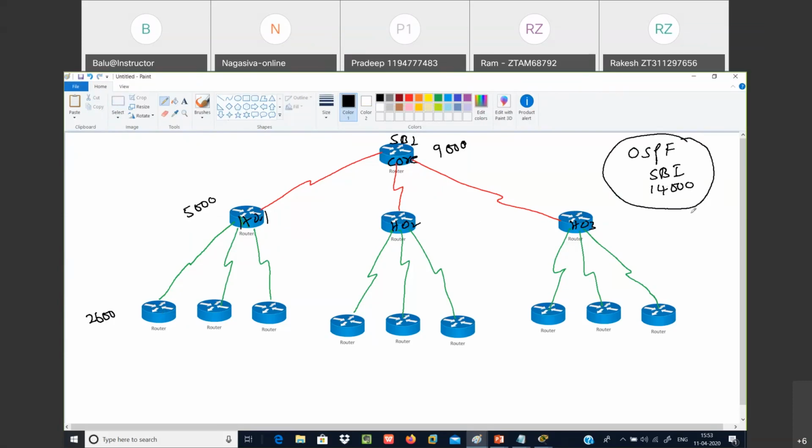All these 14,000 routers come to one group. That group is the SBI group, right? All 14,000 routers belong to one group. This logical group we call an area.